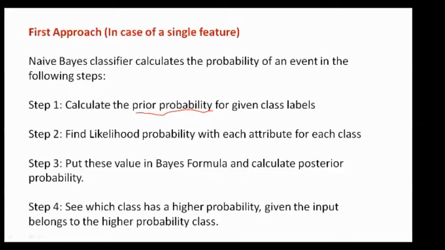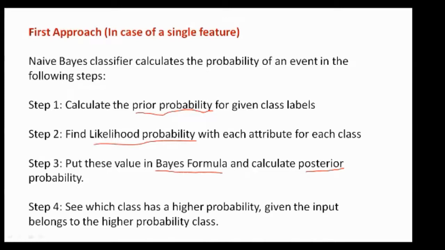So first you have to find this prior probability, then find the likelihood probability with each attribute for each class. For an example, we'll consider only one attribute and find the likelihood probability. Put these values in the Bayes formula we have just seen, and calculate the posterior probability.